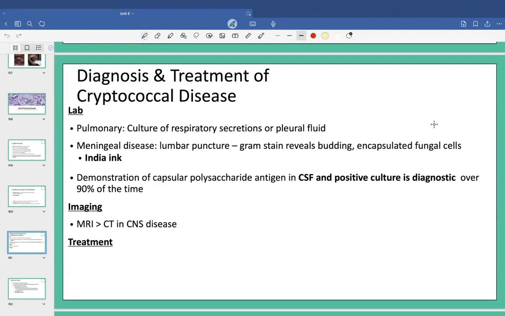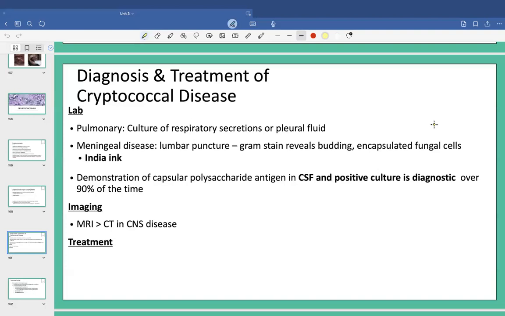Now, India ink was not in your current book, but India ink used to be on the exams. It was a common question. That is a type of stain they use for the CSF. It's an India ink technique. So if you see India ink, I want you to think Cryptococcus. Not sure if it's going to be on there, but I do want you to know that. It's a budding encapsulated cell, so with the India ink, it basically creates a halo around the cells that differentiates it from everything.